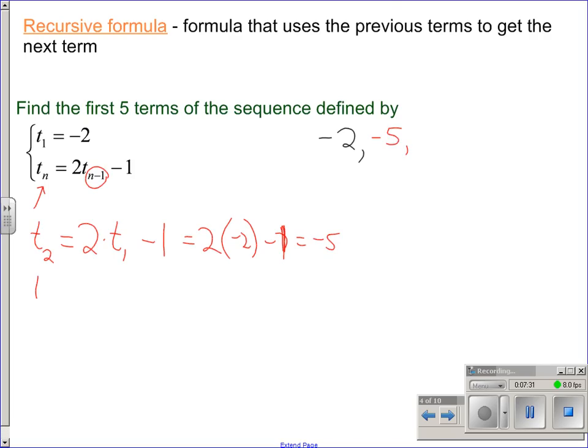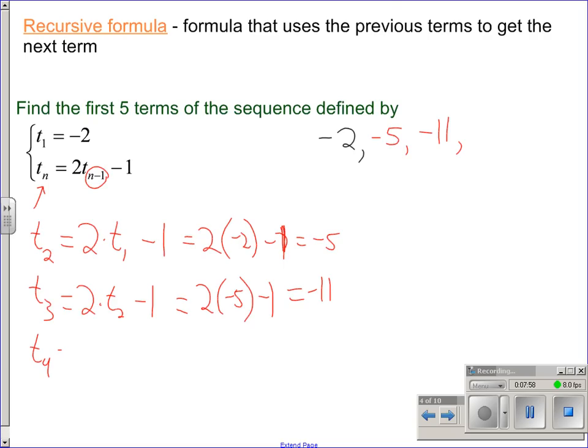All right, to find the third term, we're going to take 2 and multiply it by the second term, and then subtract 1. So to find that next term, we're using the previous terms. That's the whole idea of a recursive formula. So we're going to double the second term, which was negative 5, and then subtract 1. So now we're at negative 10 minus 1, negative 11. That's our third term.